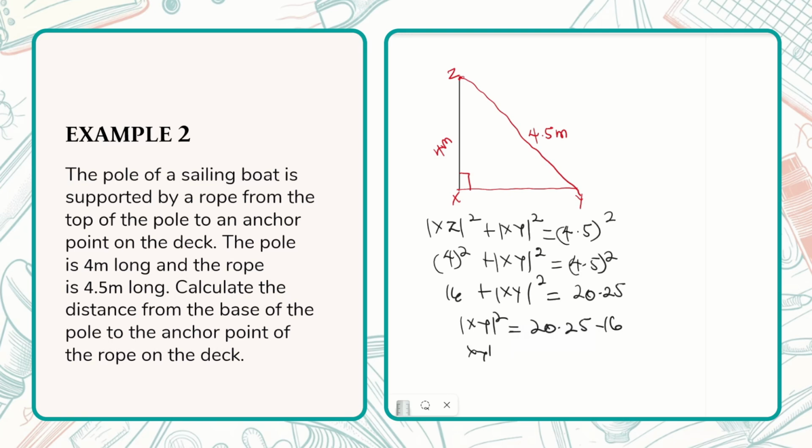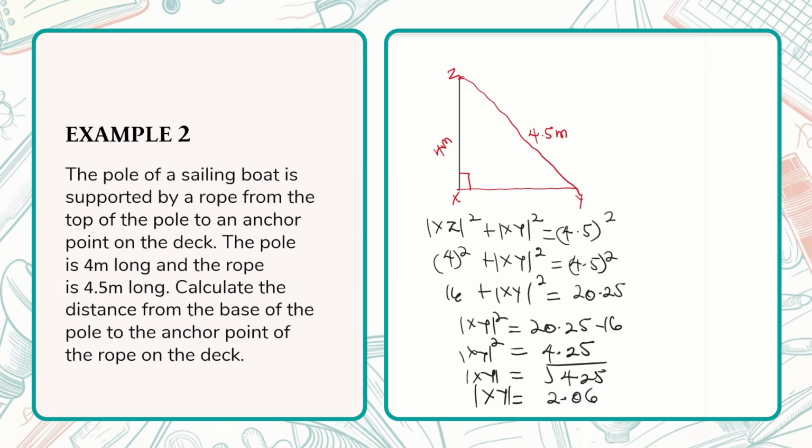That gives us 4.25. So XY should be equal to the square root of 4.25, which actually gives us 2.06.